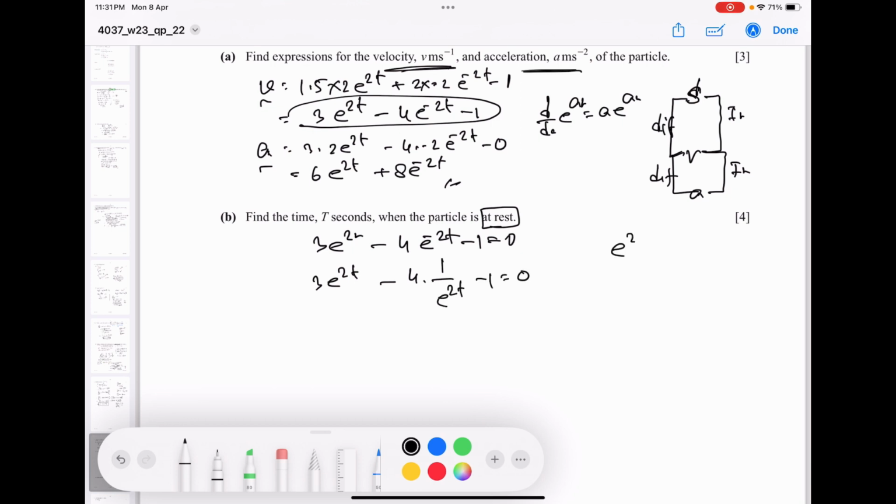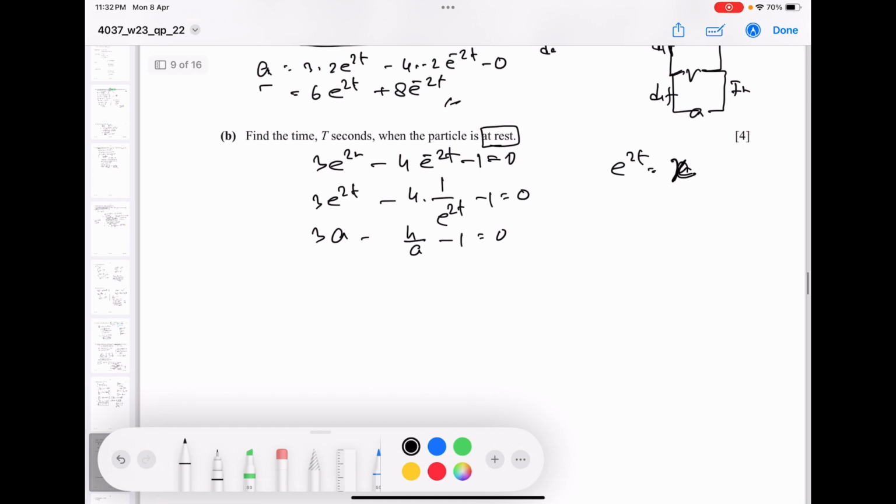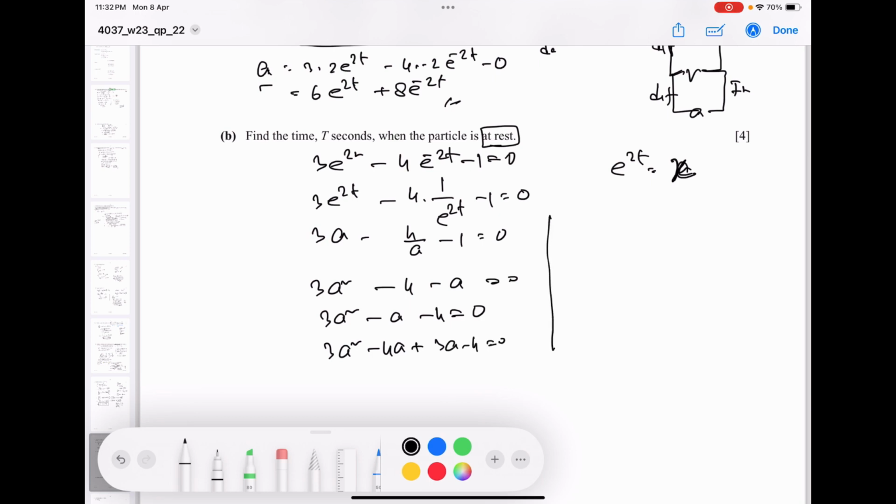Let us write e^(2t) equals a. Then 3a minus 4 times 1 by a minus 1 equals 0. Let us multiply all these terms by a: 3a squared minus 4 minus a equals 0. Let me arrange: 3a squared minus 4a plus 3a minus 4 equals 0.